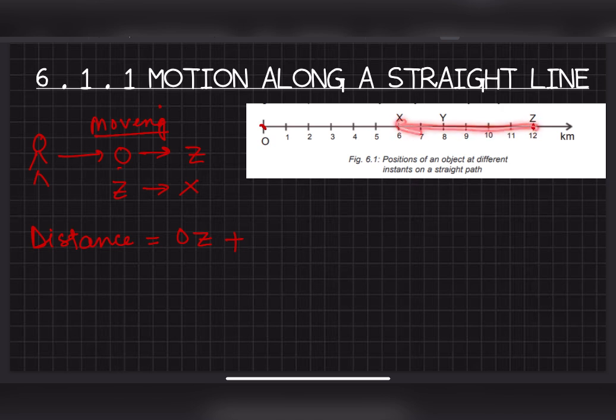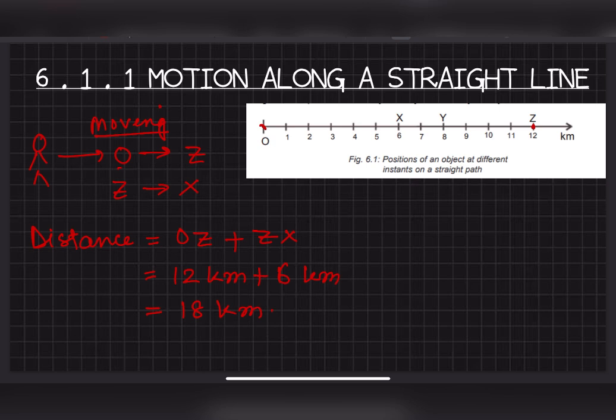OZ is 12 kilometer plus ZX. ZX from here till here is 12 minus 6, how much is this distance? 6, right? So it is 6 kilometer. So how much is this distance? It is 18 kilometer. Got the point?